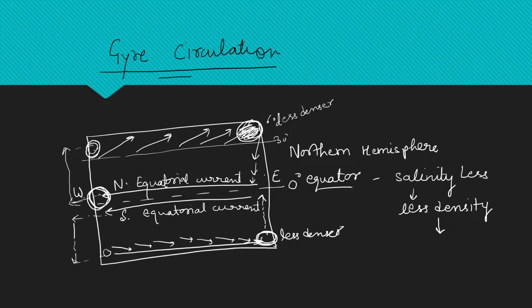This is how this cycle will go on. So this is known as Gyre circulation and how the movement would take place in the oceans. Started from the east corner of the equator, this cycle would get completed this way. This is how all the ocean currents get generated.